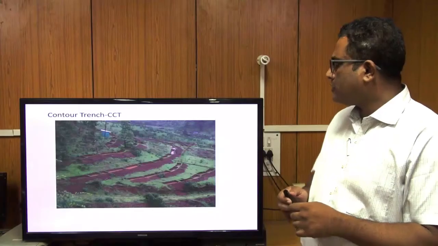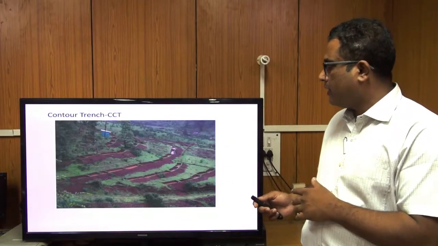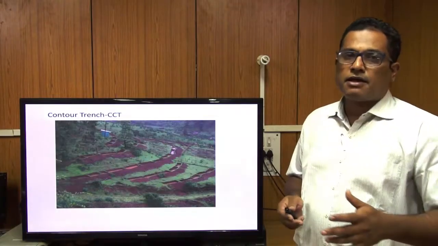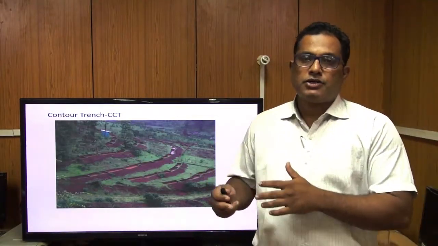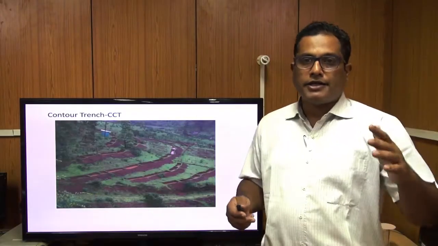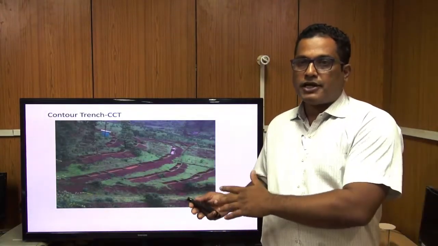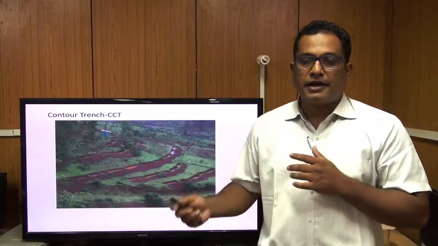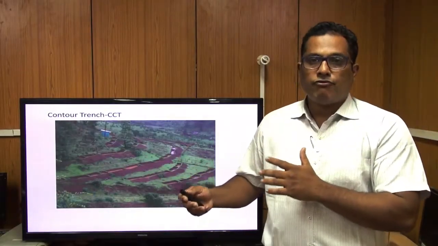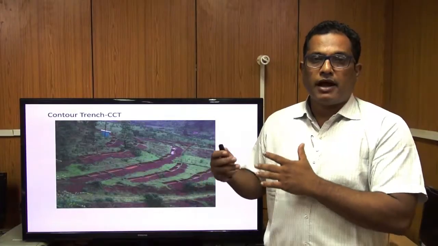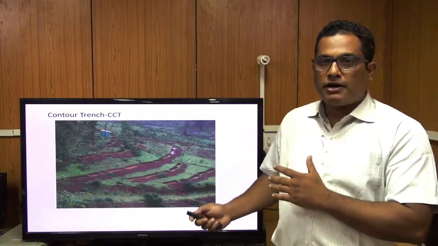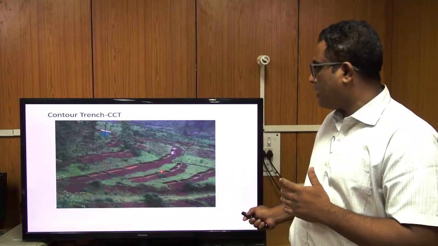And there is one more structure that we won't be discussing today, that is continuous contour trench, which is very much popularized by the forest department, especially in the high reaches. Whatever structure, be it contour bund or terracing, the effectiveness of the bund will be highly enhanced if you reinforce it in the upstream with such structures.